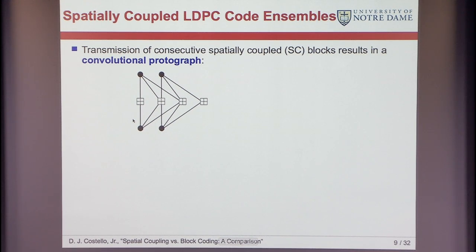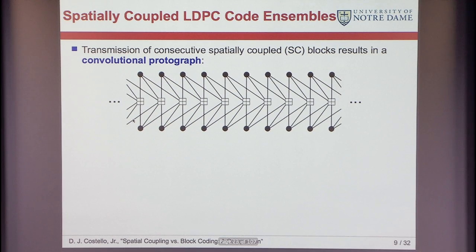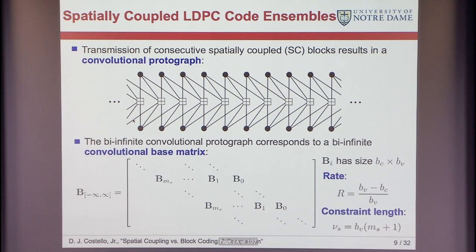Graphically then, if you put the whole thing together, a spatially coupled Tanner graph results in what we could also call a convolutional protograph, because the coupling, the introduction of memory between these successive block protographs really makes the block code into a convolutional code, and we get a so-called convolutional protograph.